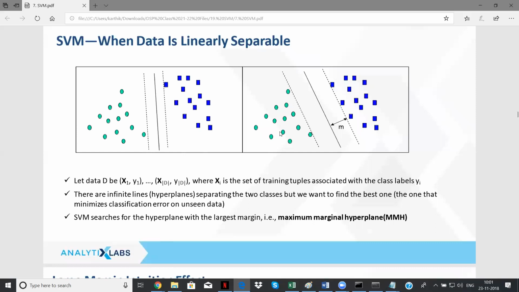Why did I say maximum margin? Now look at pic A and pic B. The one on the left side is also a margin based separator. On the right hand side also you have a margin based separator. Now when you have this kind of a situation, still my misclassification problem is not addressed. My misclassification problem is still not addressed.